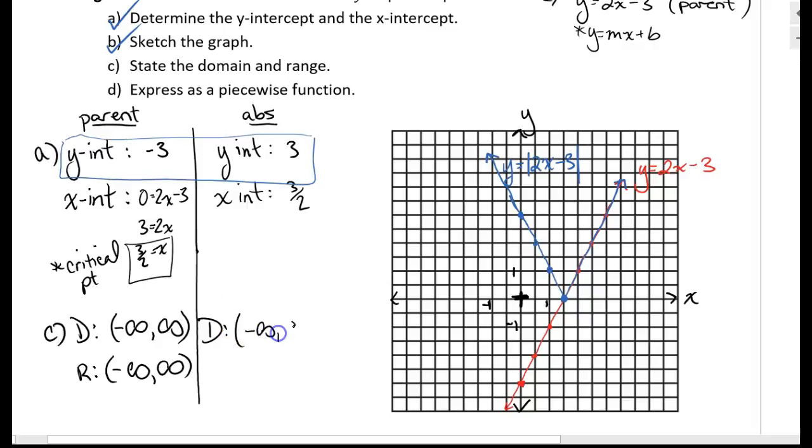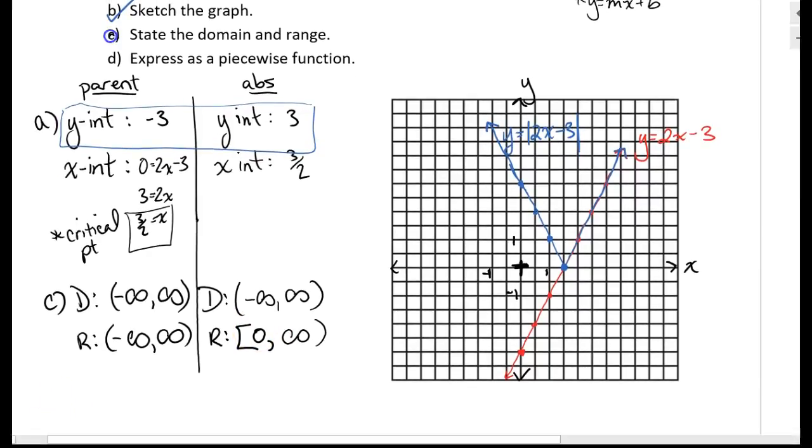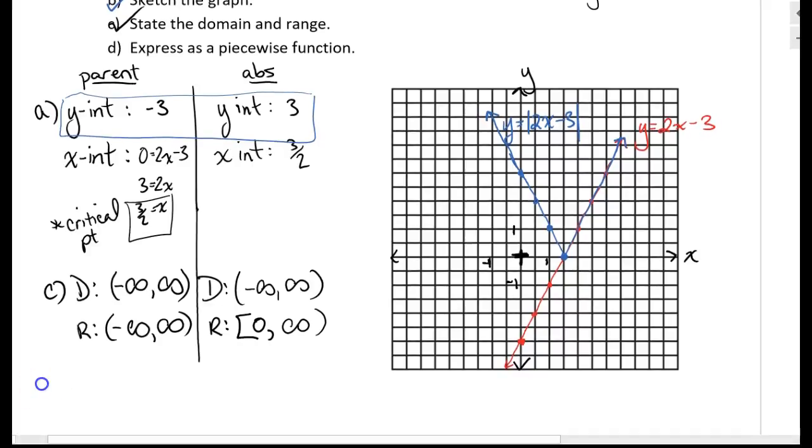I've got negative infinity to positive infinity, but my range is restricted. My y values stop here and then bounce back. I do not go below 0, but I go to positive infinity still. So remember, a square bracket when you have a defined point. So C is done, and minimums and maximums restrict your range.